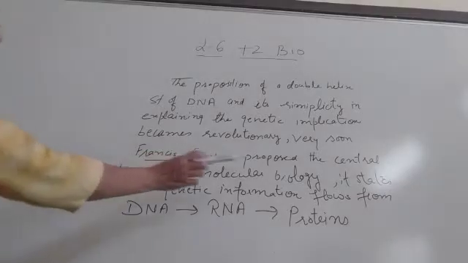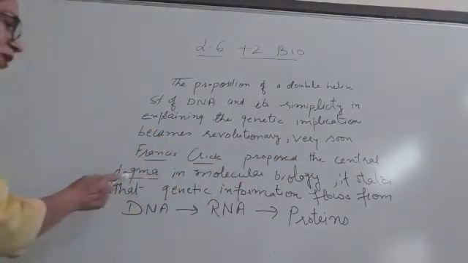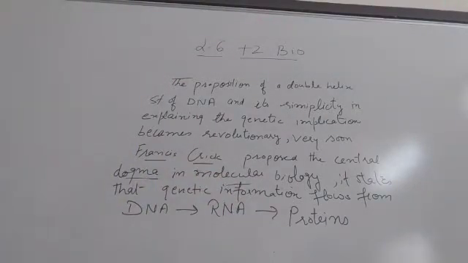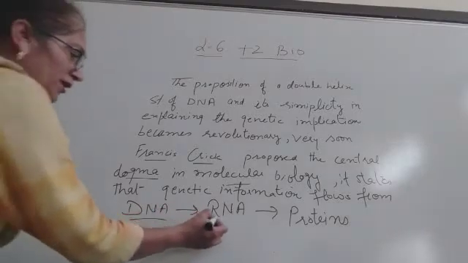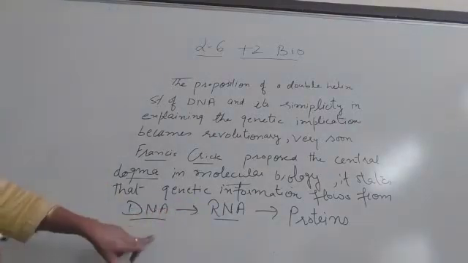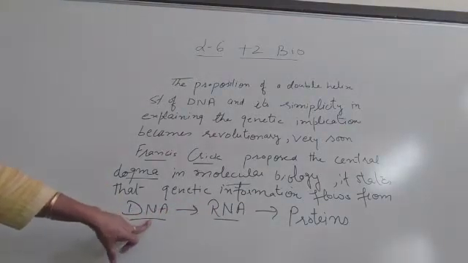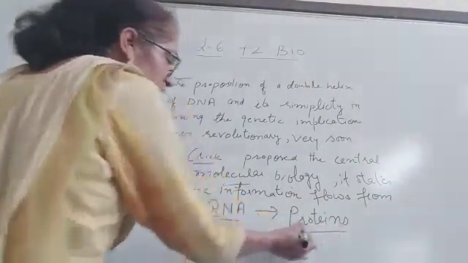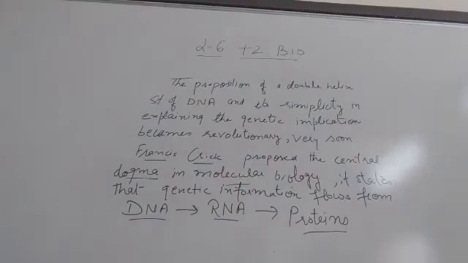Now, Francis Crick proposed the central dogma in molecular biology, and it states that genetic information flows from DNA to RNA and then RNA gives to the proteins. This way the information passes from DNA to RNA and then to proteins.